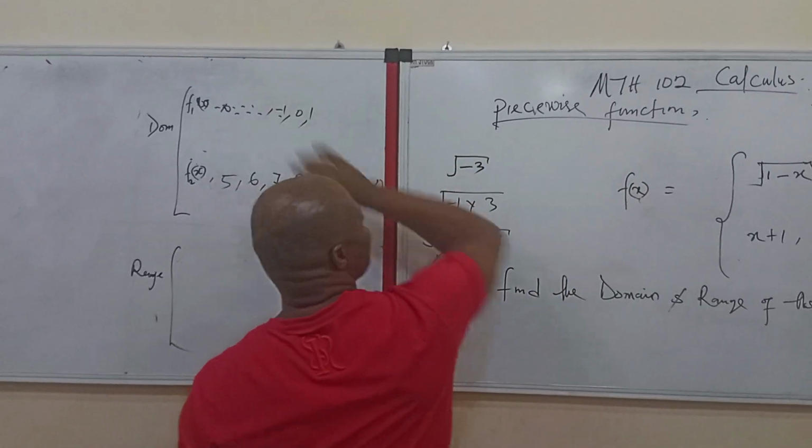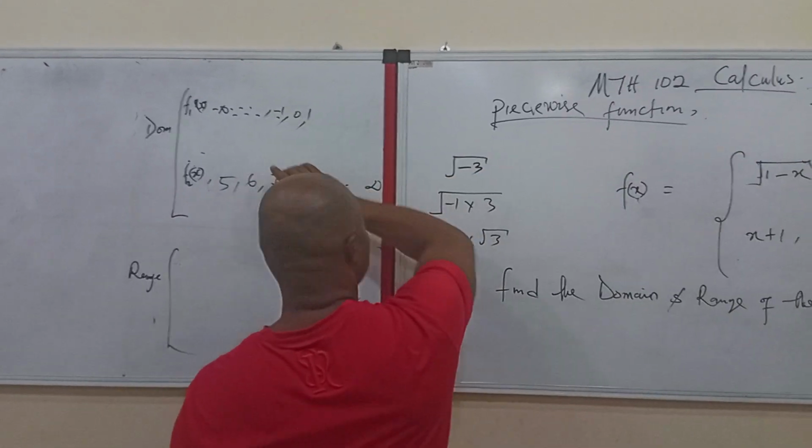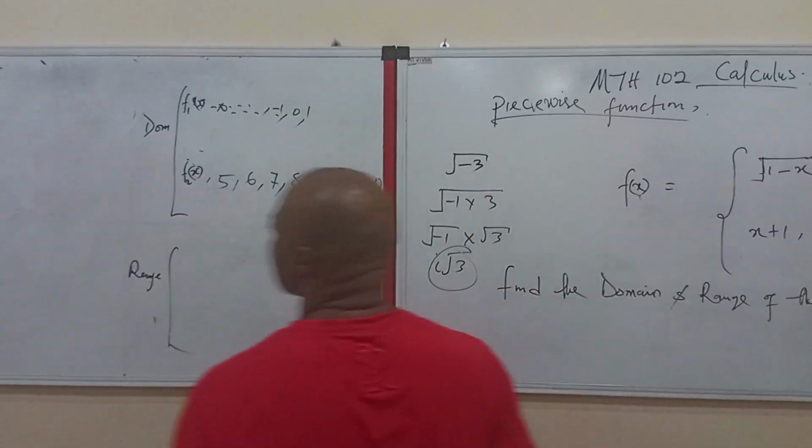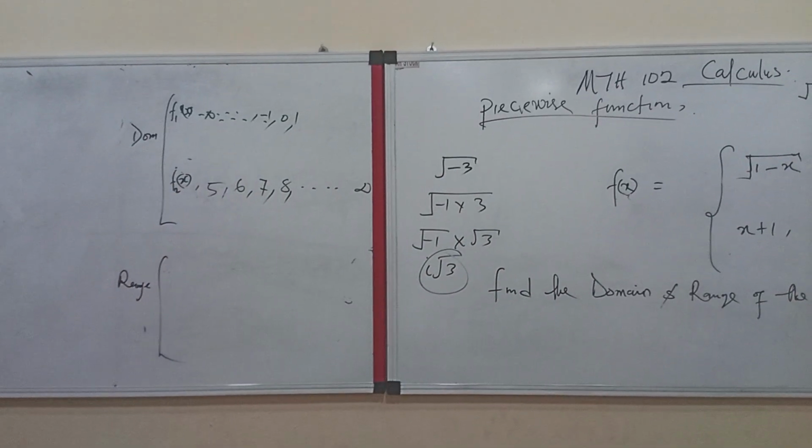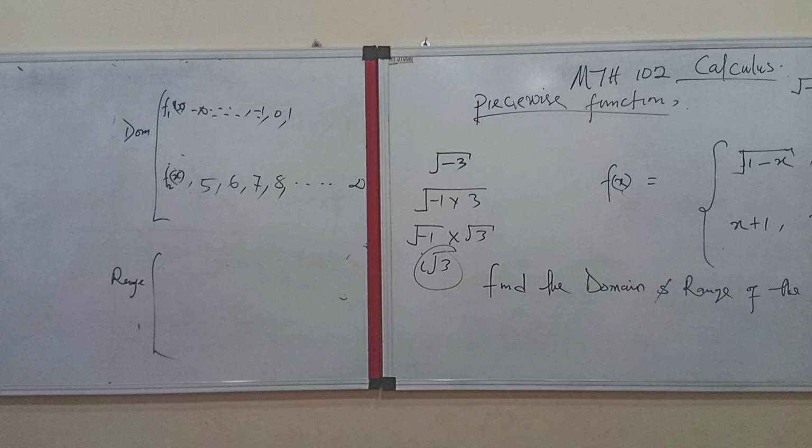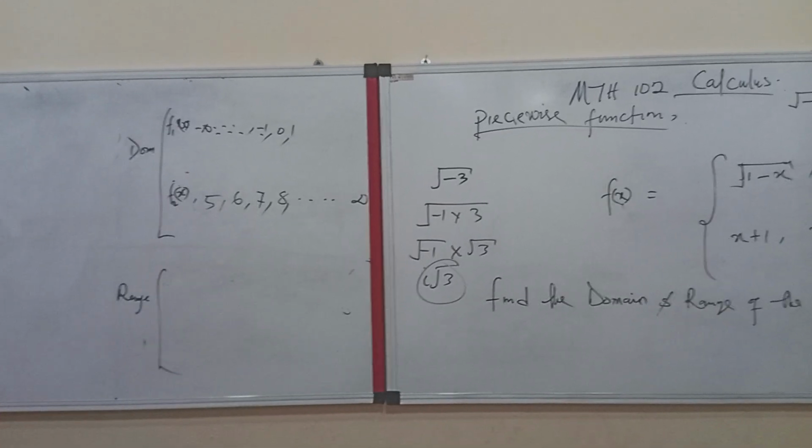So when you talk about this side, it is only for here. So if we bring all together, what we will get is negative infinity there.